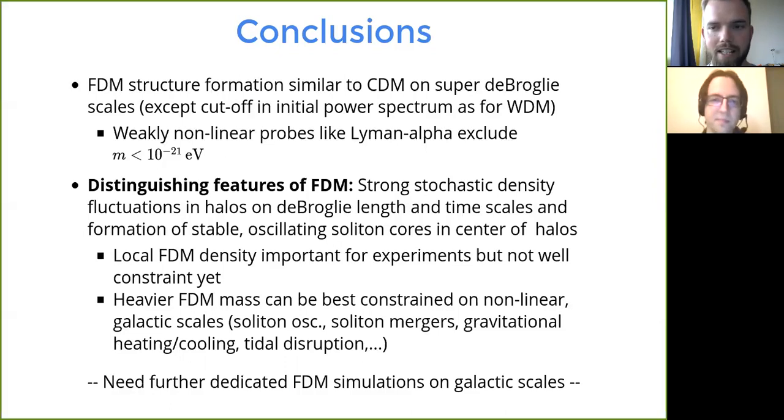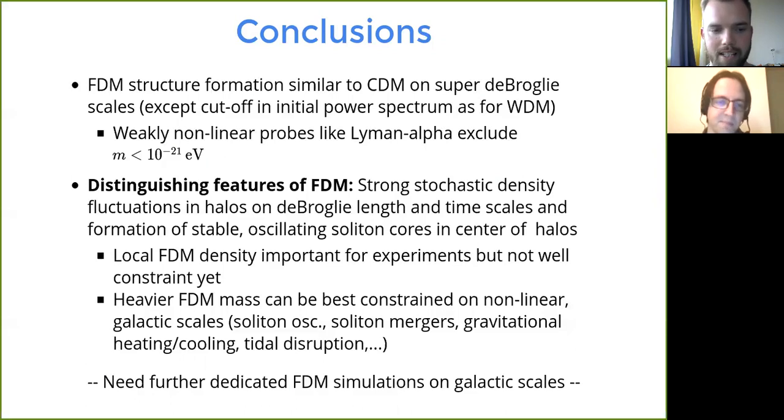And then finally, the local fuzzy dark matter density would also be very important for experiments that assume a certain background of axion dark matter, for example.